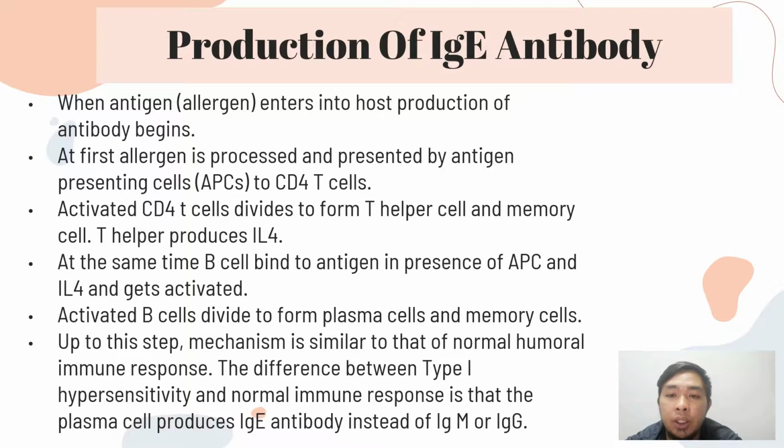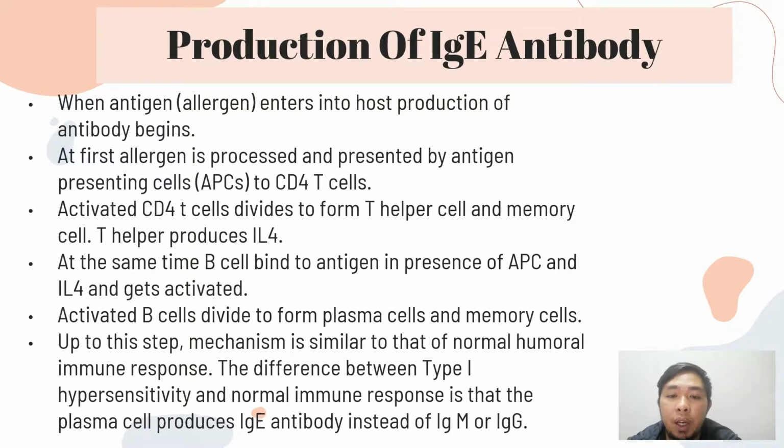Production of IgE antibodies. When antigens enter the host, production of antibodies begins. At first, the allergen is processed and presented by antigen presenting cells to CD4 T cells. Activated CD4 T cells divide into T helper cells and memory cells.